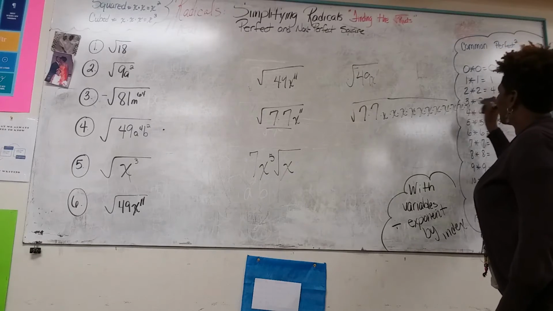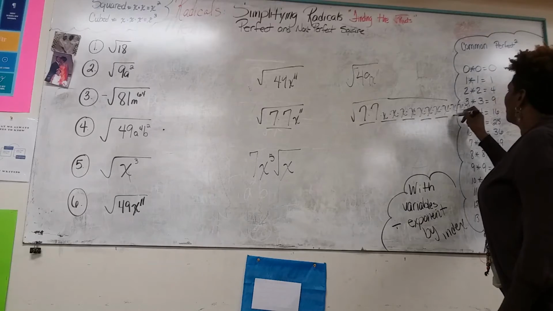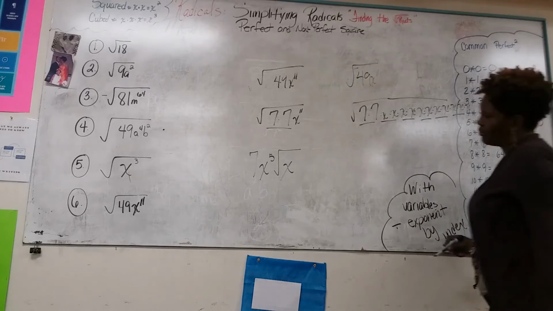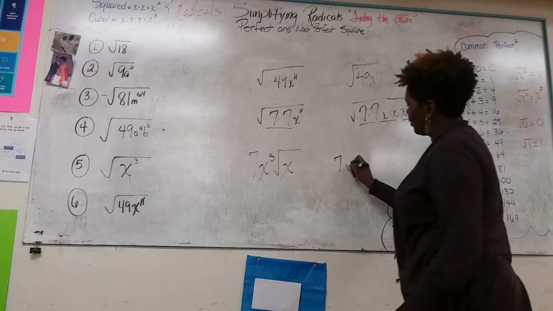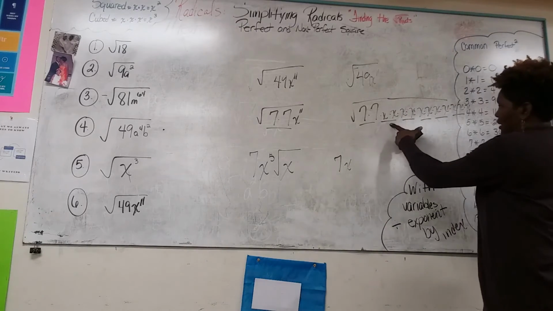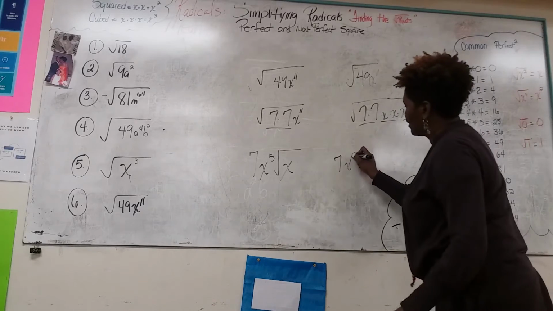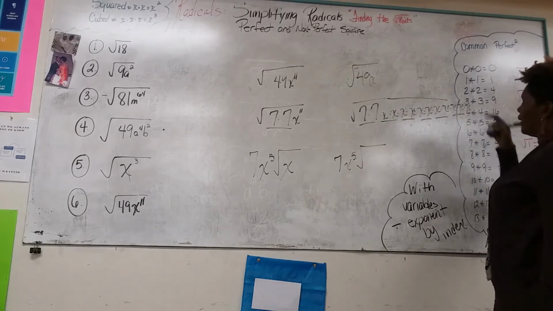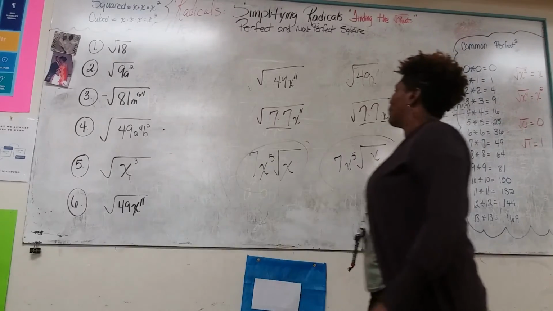Do my little multiplication times. 2, 2, 2, 2, 2, 2. All right, I have 2 groups of 7. So I boot that 7 out. I have a group of x's. That's 1, 2, 3, 4, 5. X to the 5th. And then I have 1 x left over. My answer still came out the same.